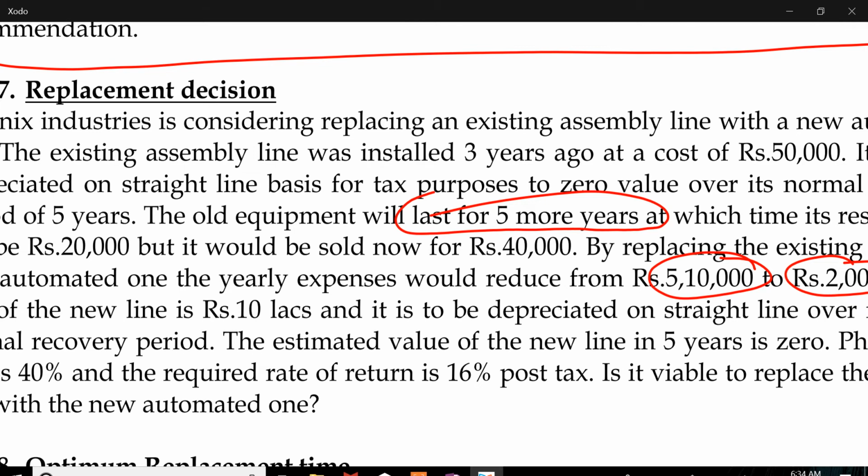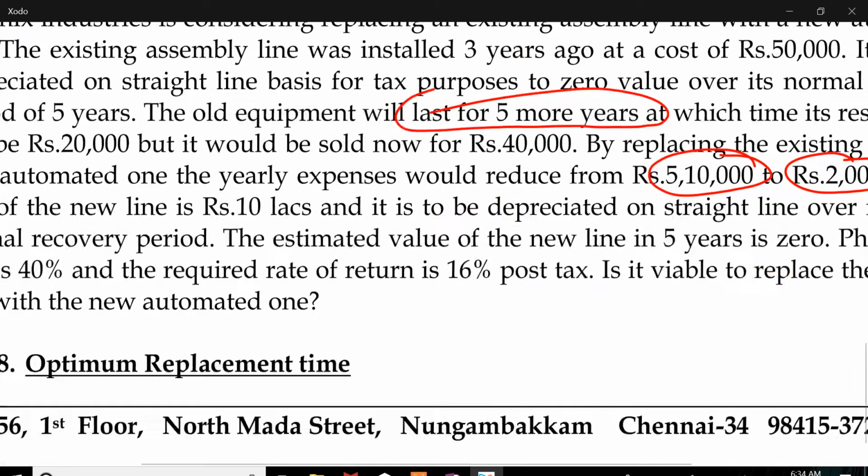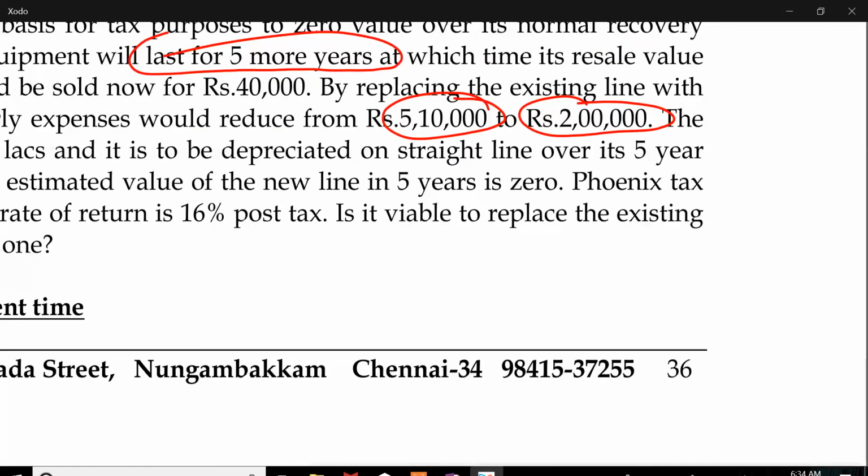Next point. Incremental cash flow equals cash flow of new machine minus cash flow of old machine.